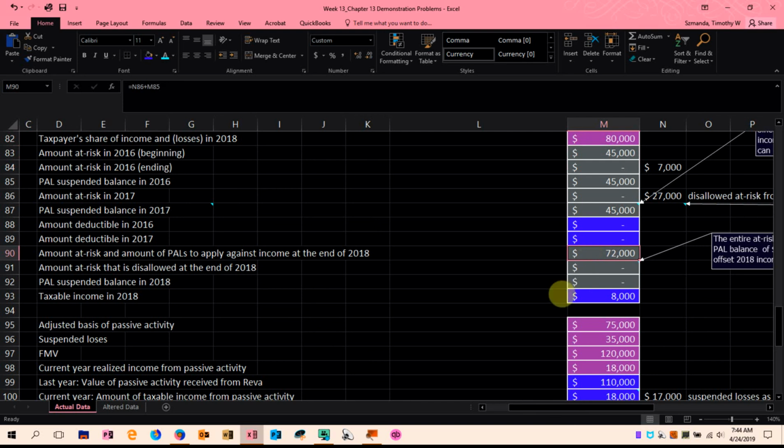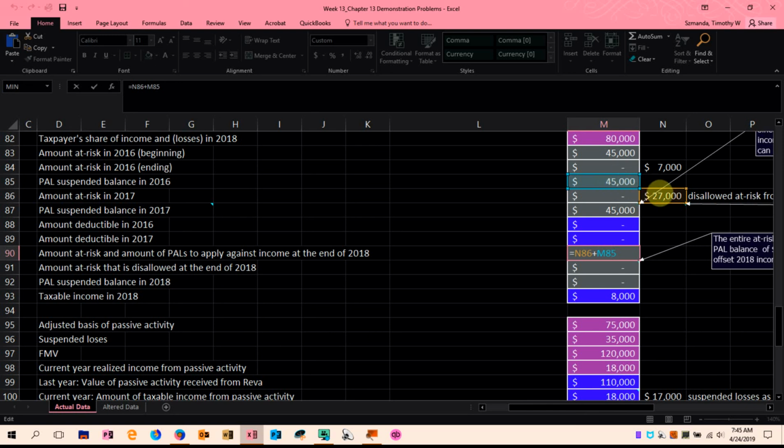So in this case, we're going to go back and add all of the at-risk amount in 2017, and this is the disallowed amount of $27,000. So now we're going to take that $27,000 for at-risk purposes, and add to it the suspended balance in 2016 for passive activity losses.